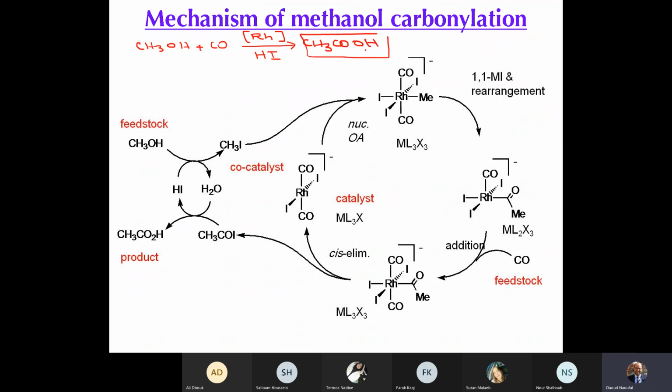This is the formation of acetic acid from methanol by carbonylation. Okay, so what is the mechanism proposed?